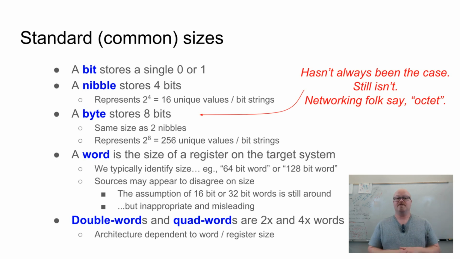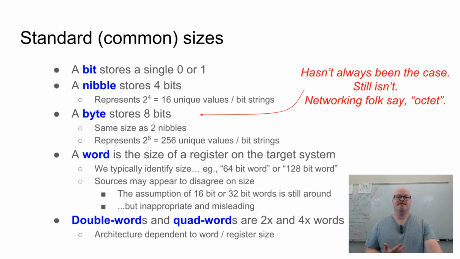Unless, of course, for a particular language or the documentation for that architecture, they've decided to identify a word as something larger than 8 bits so that the term word has a meaning other than byte. And this is common in older architectures, especially 8-bit architectures. So we would talk about words as being 16 bits. The idea is, more generally, it's the register size.